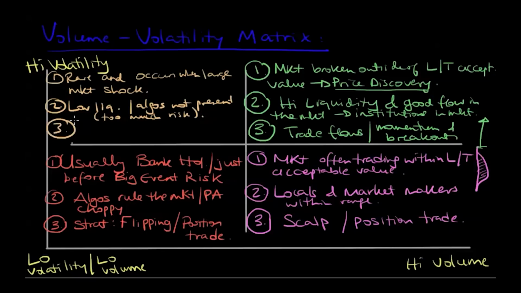And the strategy that you want to employ in these kind of situations depends really on the structure of the market. However, you get a lot of irrational moves. So in a lot of cases, you might want to fade irrational moves.